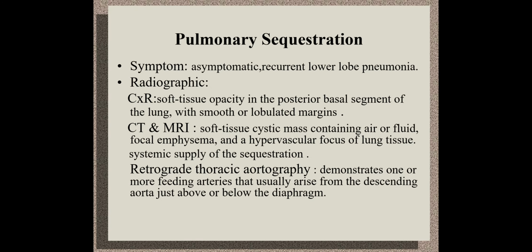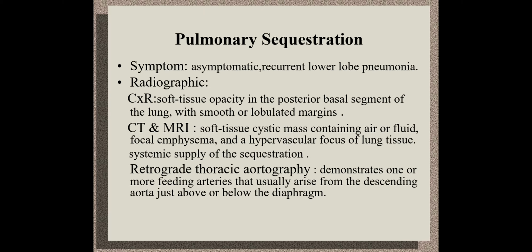Symptoms: may be asymptomatic; recurrent lower lobe pneumonia may be a symptom. X-ray shows soft tissue opacity in the posterior basal segment of the lung with smooth or lobulated margins. CT and MRI are helpful in the diagnosis.